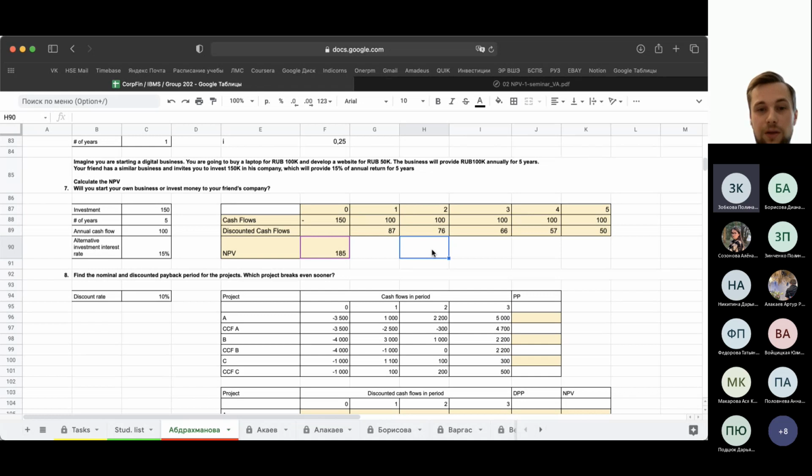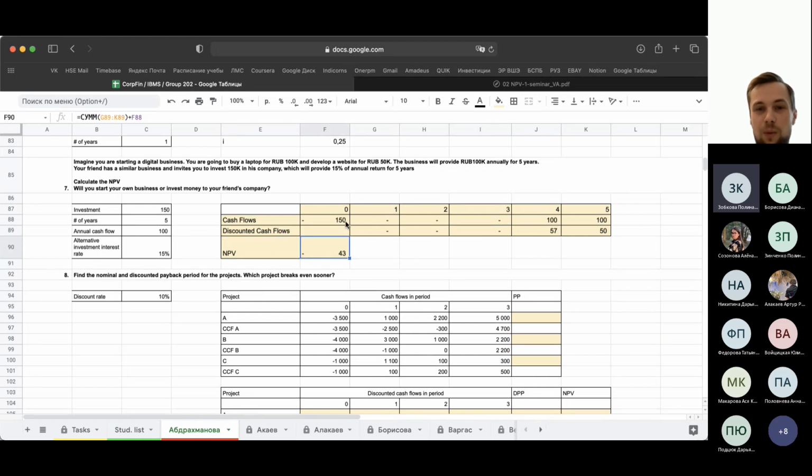Yes. Right? So if NPV is less than 0, let's say that we have 0 cash flow here and 0 cash flow here, and 0 cash flow here. We have negative NPV. What does it mean?